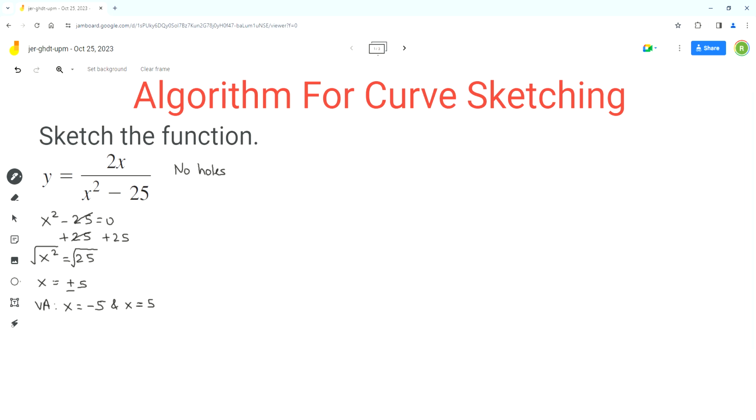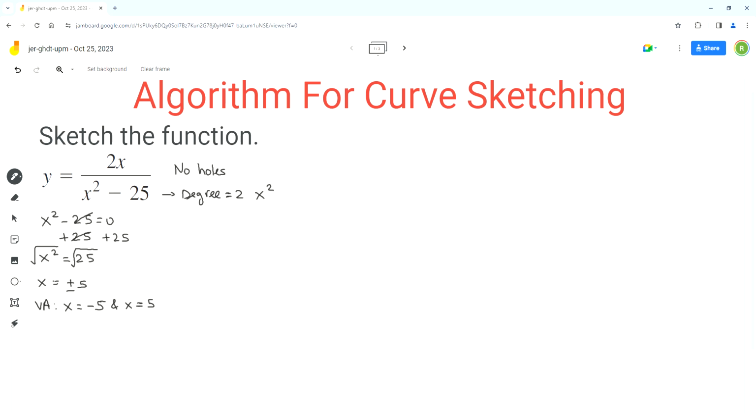Now we can find the horizontal asymptote in this function. For that, we'll have to divide each term in this function by x raised to the degree of the denominator. Now in this expression, the degree of the denominator is 2. That means we should divide each term in this expression by x squared.